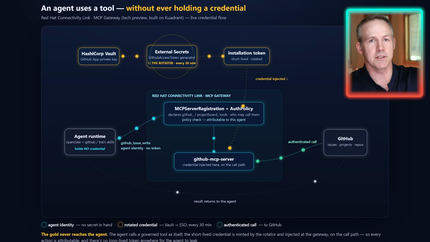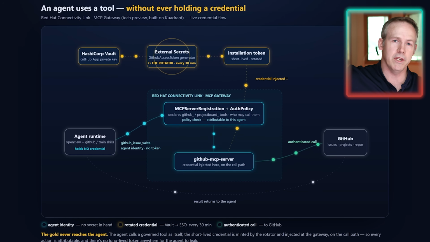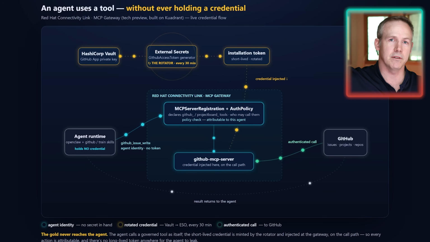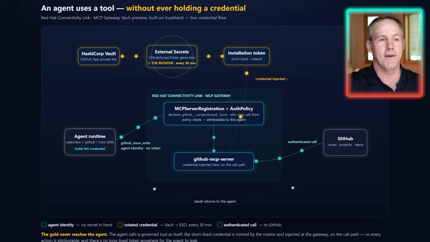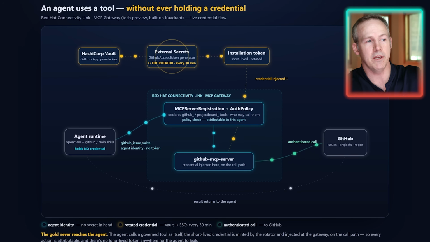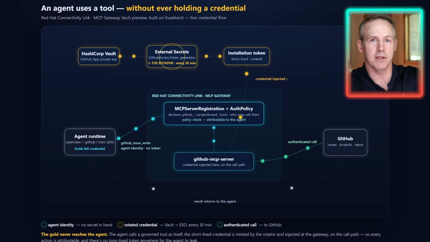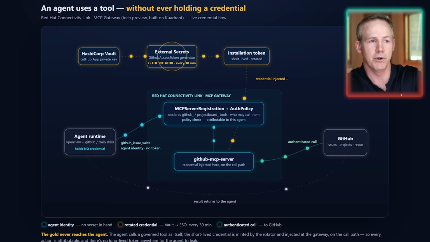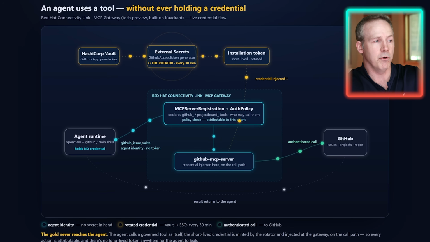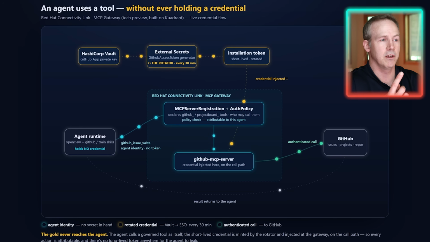Every time that agent needs to call out to GitHub and use its API for generating projects and issues and things like that, it's immediately intercepted by this Connectivity Link gateway and the MCP server registration, which forces the route through these channels. And those channels get the secret via HashiCorp. So the secrets are getting rotated every 30 minutes by this functionality.